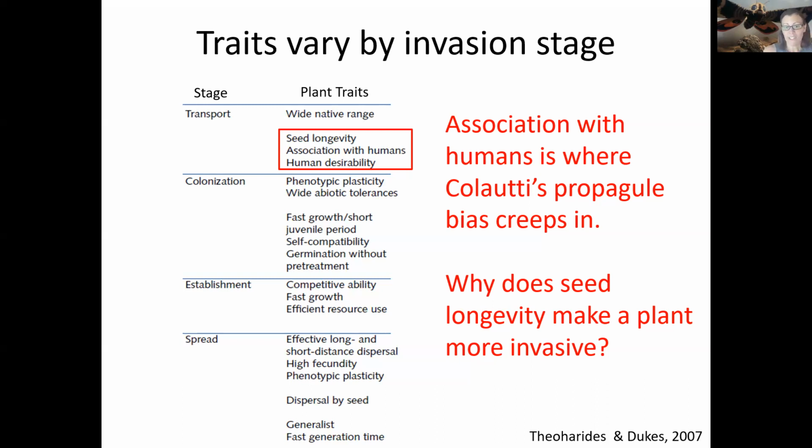So why might seed longevity make a plant more likely to become invasive? Effectively because of this transport time period, not necessarily because that's a great trait for establishment or spread. If you're already there, you don't need your seed to last for a really long time, but in order to get there, you kind of do.